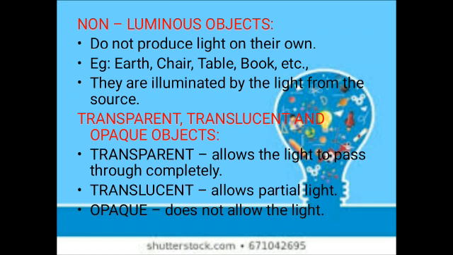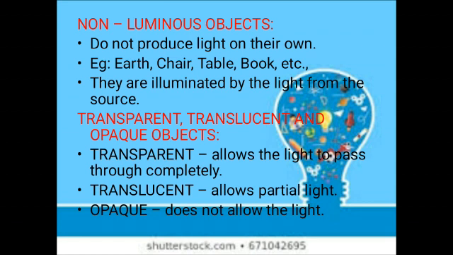For example, the things present around us: chair, table, pen, pencil, book, a box, everything around us which cannot be seen in the dark is a non-luminous object. Those objects cannot produce light on their own, right?